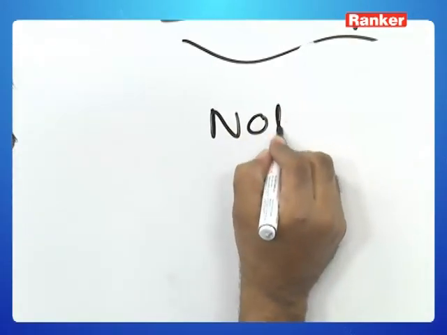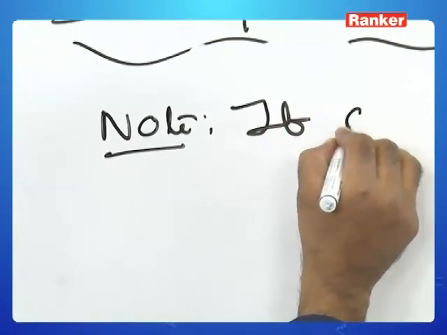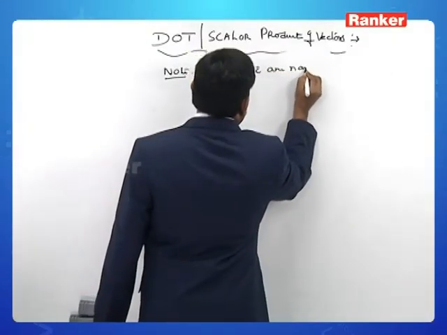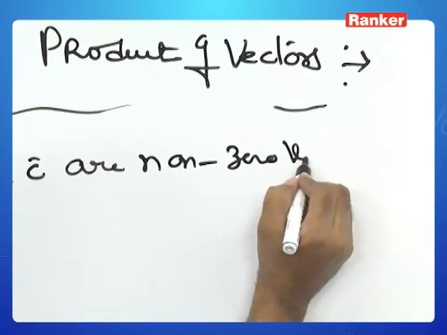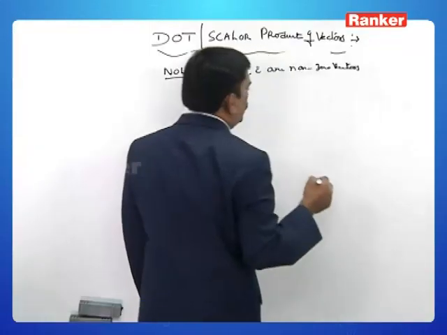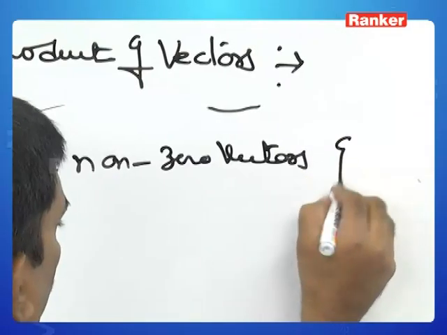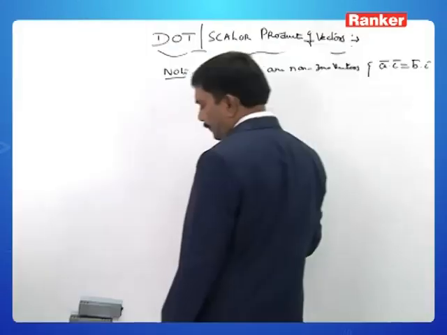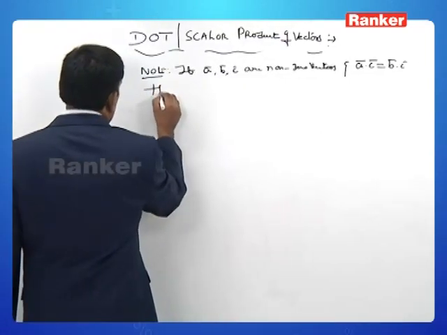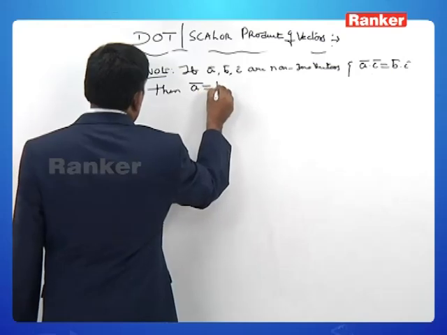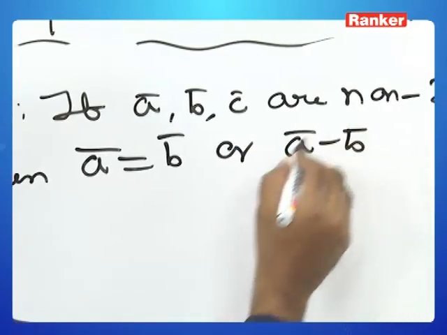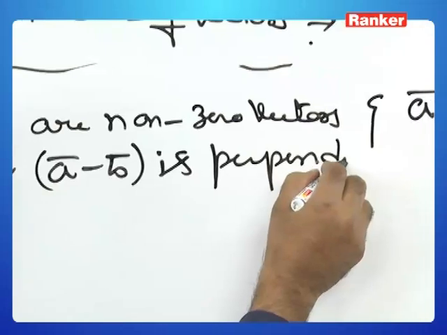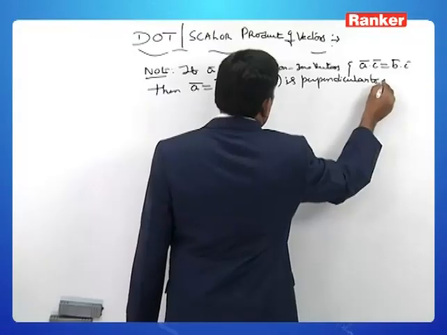Note, if A bar, B bar, C bar are non-zero vectors and A dot C is equal to B dot C, then A is equal to B or A minus B is perpendicular to C bar.